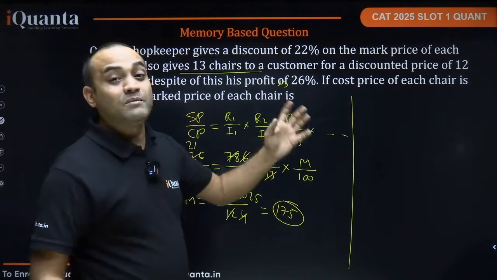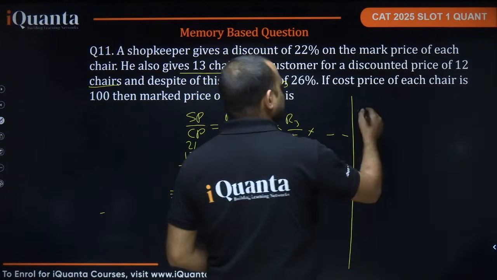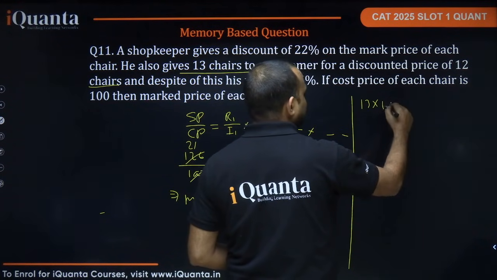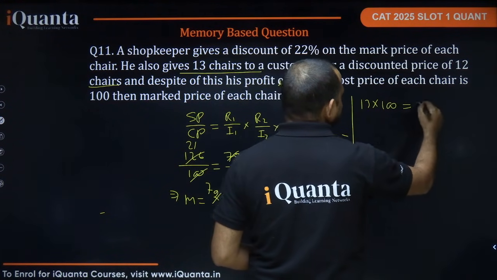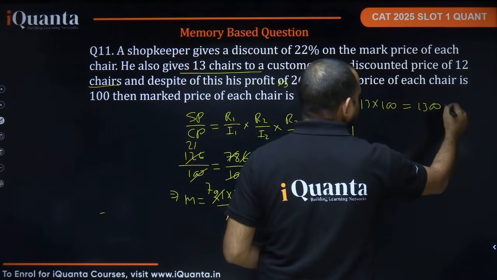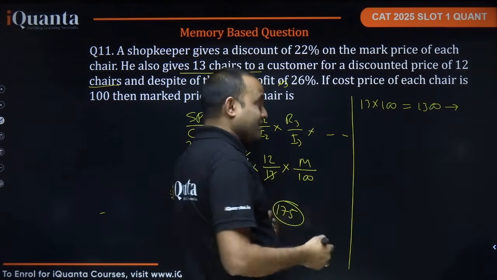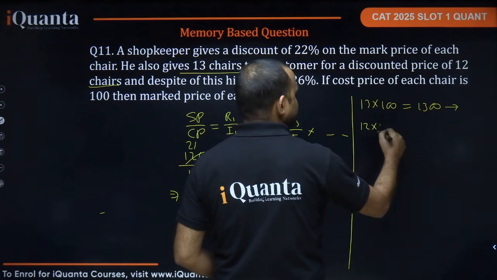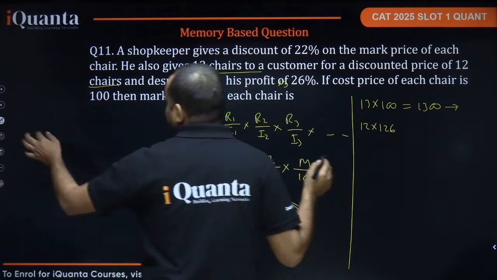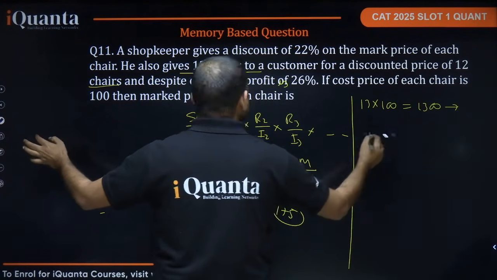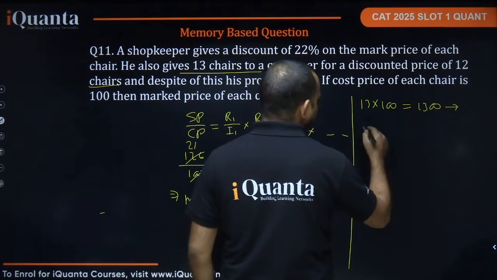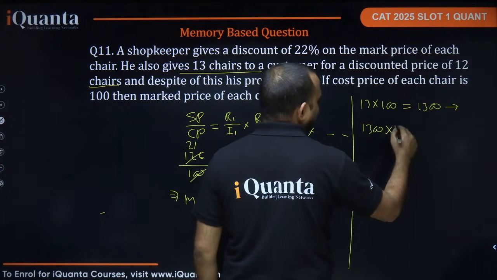Like what is the amount that this guy is getting? Total he is selling 13 chairs. So 13 into 100. That is, he is giving 1300. This is the total cost price, right? And what is he getting in return? So 12 into 126, total 26%. So the total return that he is getting is 1300 into 1.26.